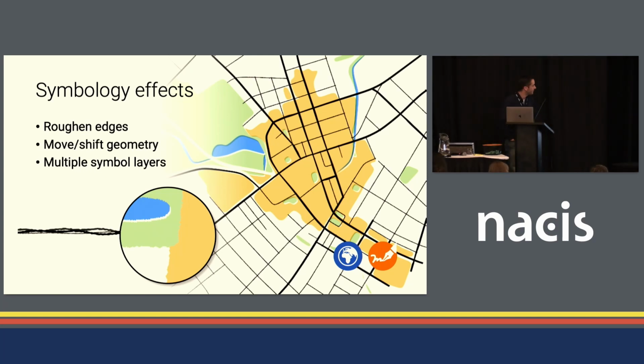Once I have those in a style, I'll then apply some symbology effects. The things I like to do are roughen the edges with the wave effect. In Pro you can do that, and in Illustrator there is a roughen edges tool if the thing is vector. I like to move and shift geometry. This is where it gets out of the hand-drawn and more into the misaligned plates, those vintage retro effects.